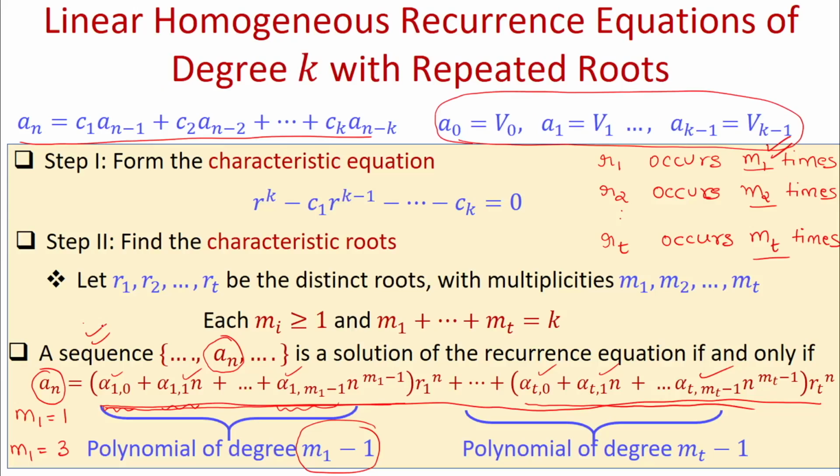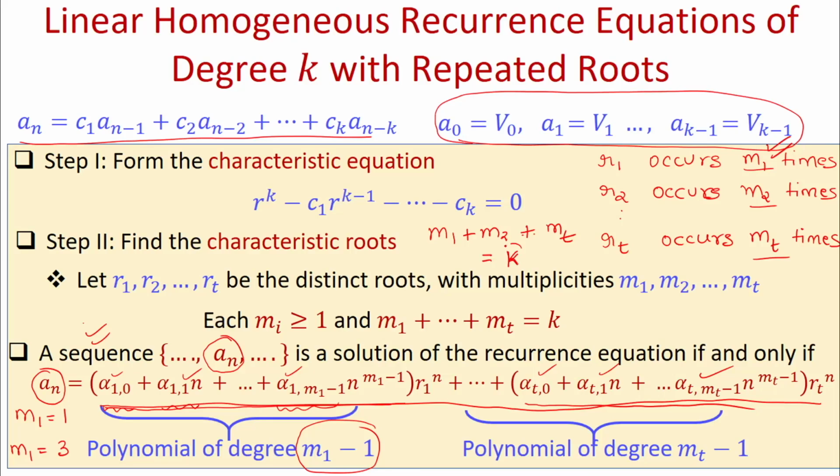Okay. Specifically, how many alphas will be there? In the first polynomial you had m1 alphas, right? M1 constants. Second polynomial you had m2 alphas, and like that the last polynomial you had m of t alphas. So total how many unknowns are there? M of 1, m of 2 plus m of t, which is nothing but k.